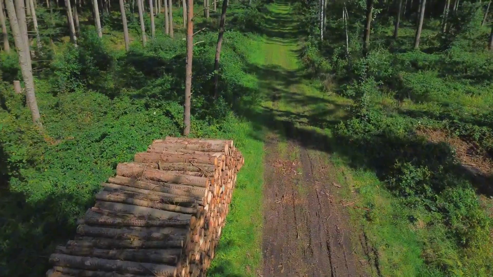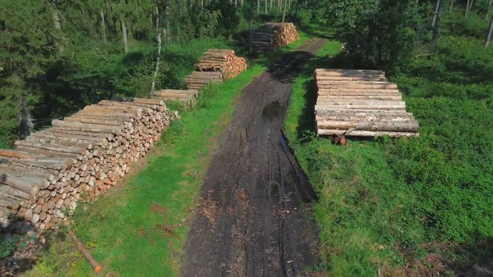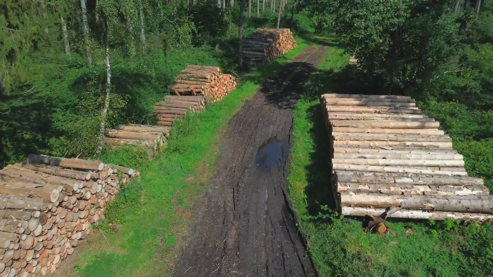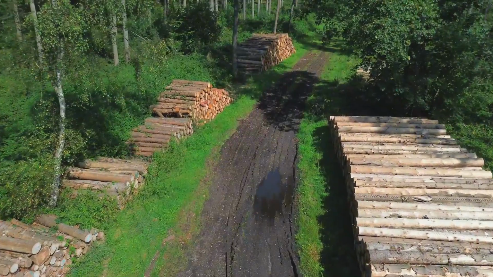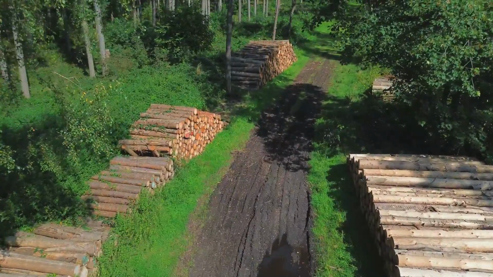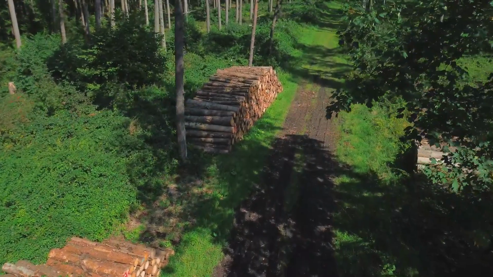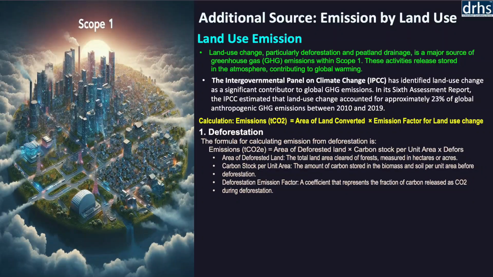When forests are cleared, the carbon stored in trees, vegetation, and soil is released back into the atmosphere as CO2, a process that can take place over a short period, that is, burning of biomass, or more gradually through decomposition of organic matter. The formula used for calculating emission from deforestation is area of deforested land multiplied by the carbon stock per unit area multiplied by deforestation.